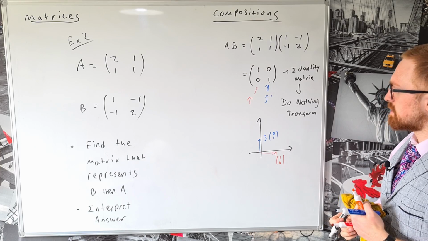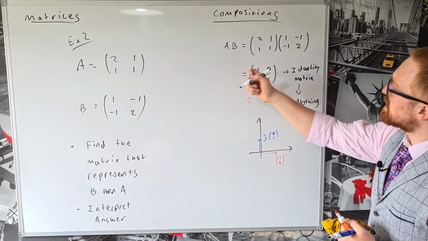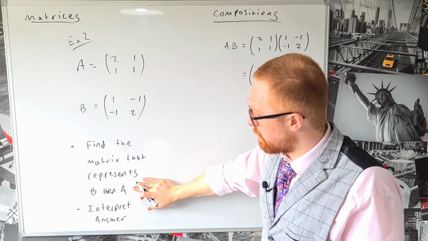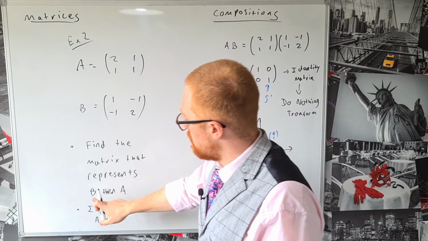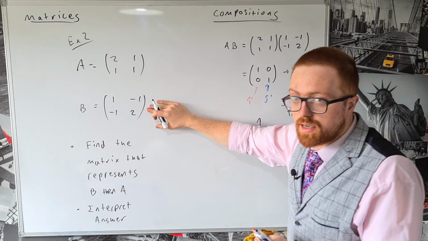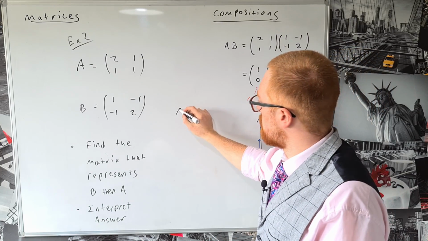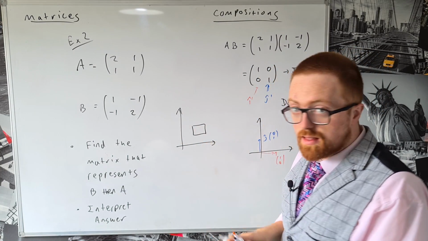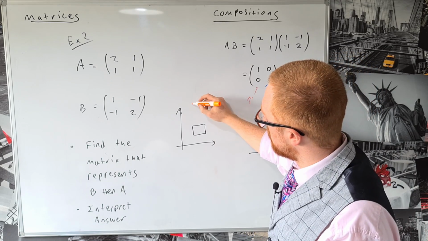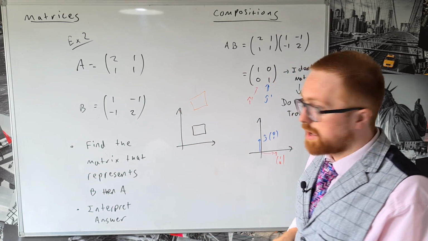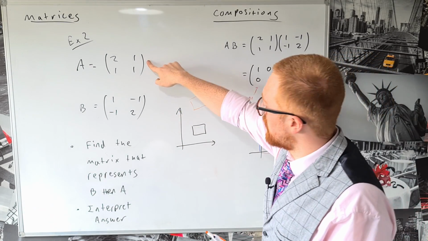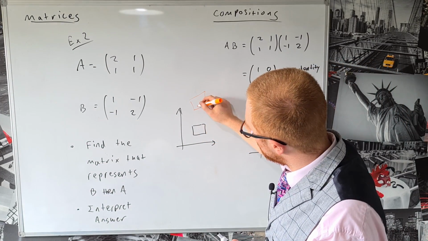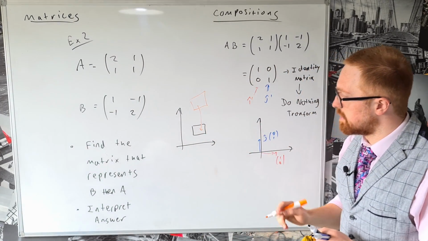But it is a transformation, and that's what's represented by this identity matrix. So then let's interpret this result in terms of A and B. So let's think about what A and B represent. We did the transformation B, so that changed our shape. So let's say I've got a shape, we did the transformation B, and it ended up as some shape up here. And then we did the transformation A, and we ended back at the do nothing matrix.